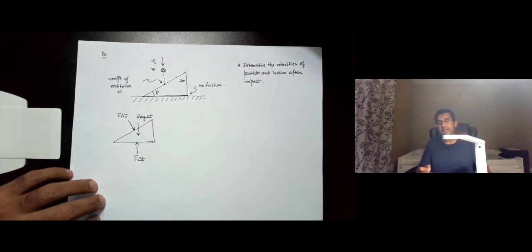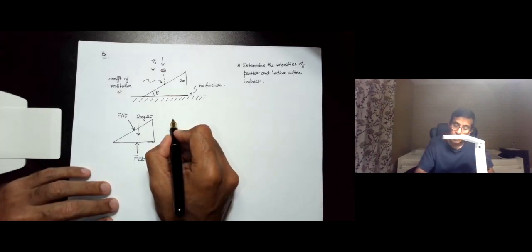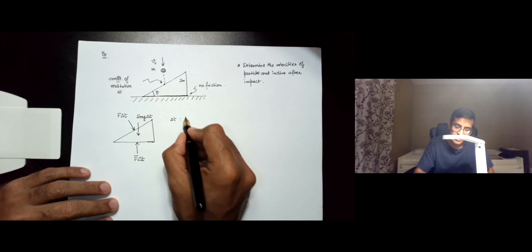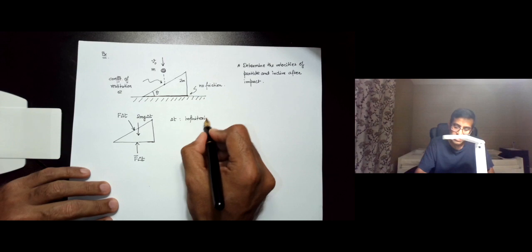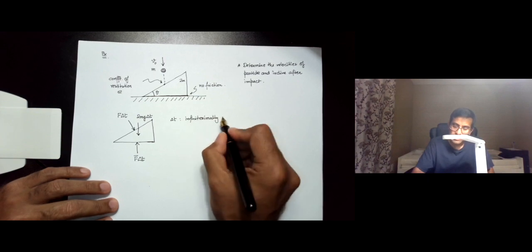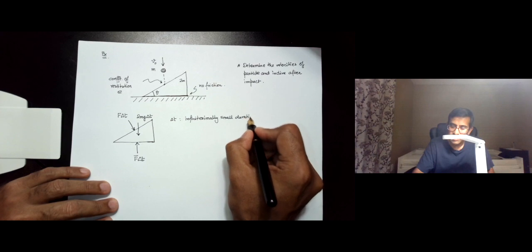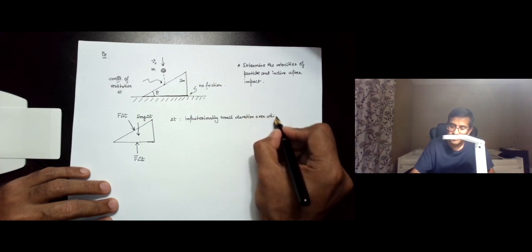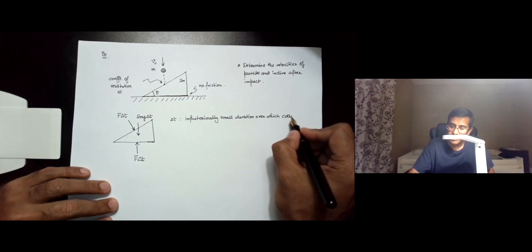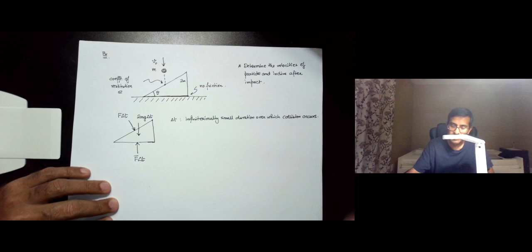So that delta t is the infinitesimally small duration over which collision occurs. All right.